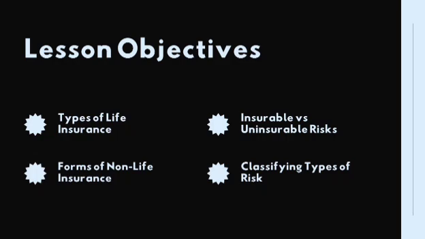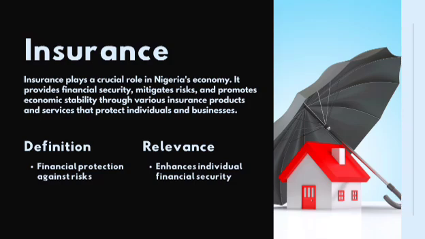Three, distinguish between insurable and uninsurable risk. Four, categorize risk as fundamental, pure, particular, or speculative. And lastly, apply this knowledge of insurance to real life scenarios, and we are also going to practice some WAEC examination questions.